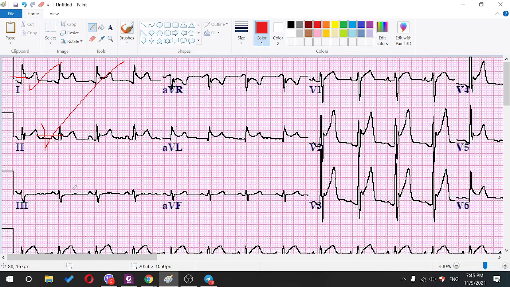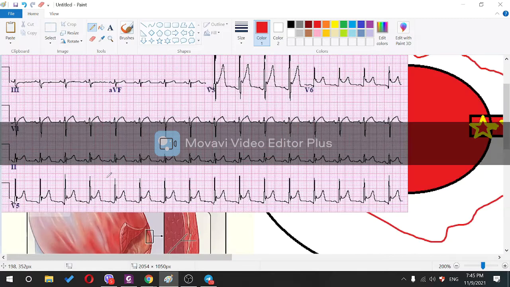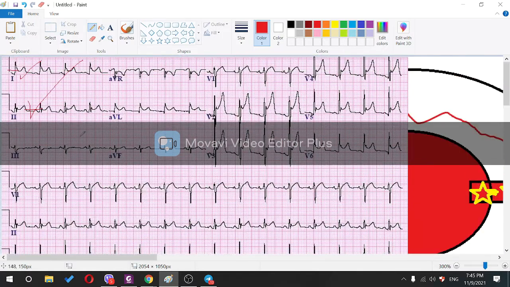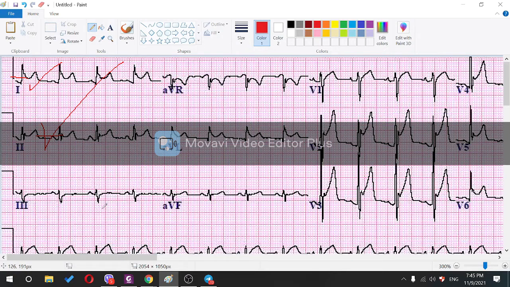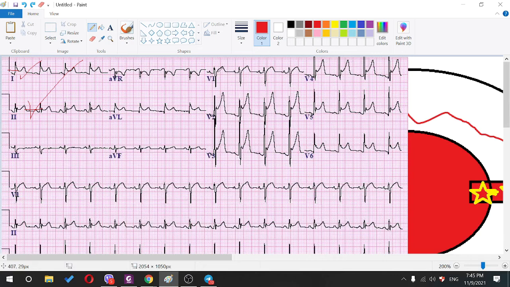ST segment elevation. Okay. Let's take a look at... Oh, sorry. What did I do? Oh, lead 3. Well, lead 3, QRS. Well, this one looks kind of normal. You cannot judge about it too much. Okay, next one. This one.